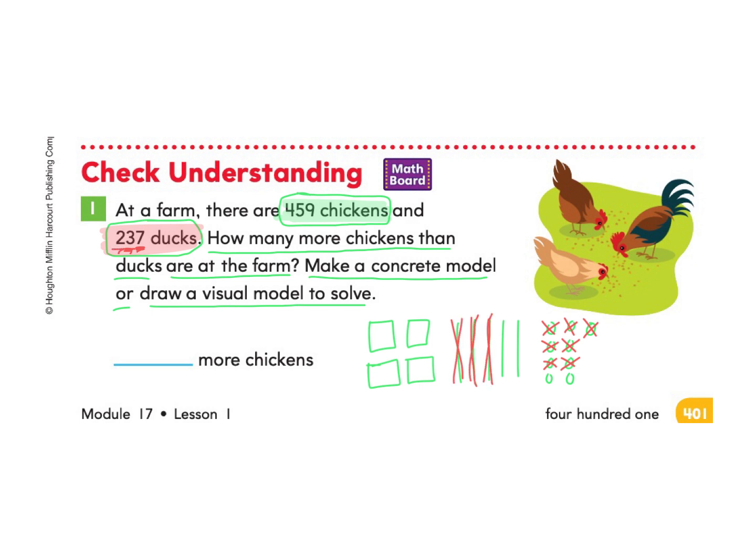And finally, we will look at the hundreds, and there are 2 hundreds, so we will cross off 2 hundreds. Now we will see what is left. We have 200, 2 tens, and 2 ones. So we will write 222 more chickens are left.